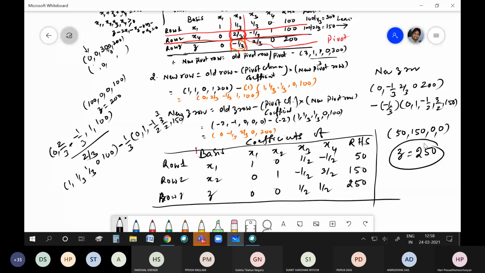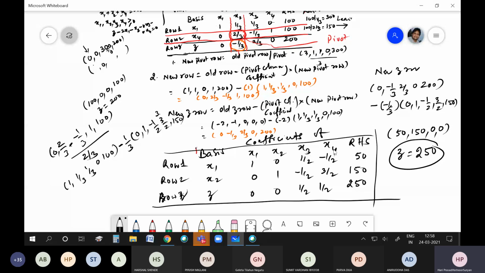Okay. So should we go further or have we reached the optimum, the maximum? How can we find out whether we have reached the maximum or not? See, in the Z row, the coefficients corresponding to the non-basic variables.